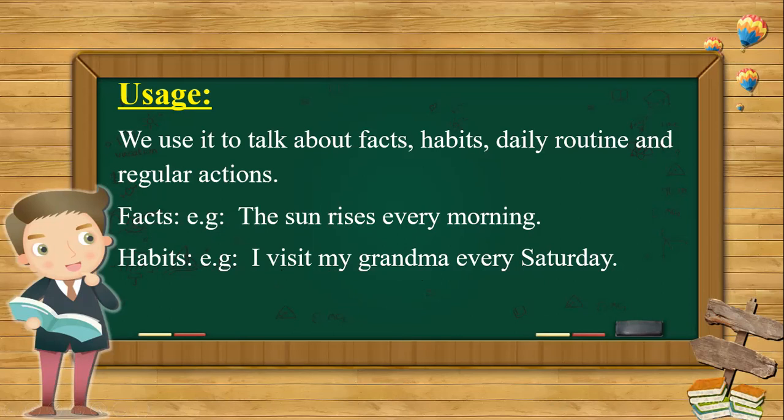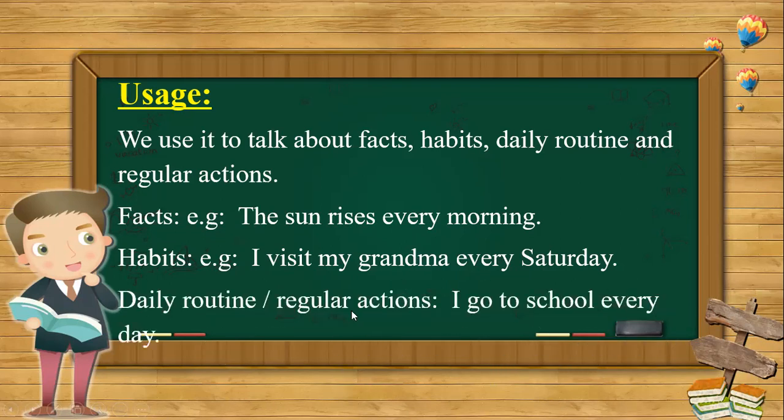So it's a habit for me that I visit my grandmother every Saturday. Daily routine or regular actions, like: I go to school every day. These are things that I repeat every day. So in all these cases, I use the present simple.